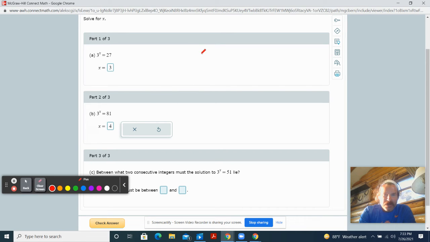Okay, so we know 3 to the third is equal to 27. And we know 3 to the fourth is equal to 81.